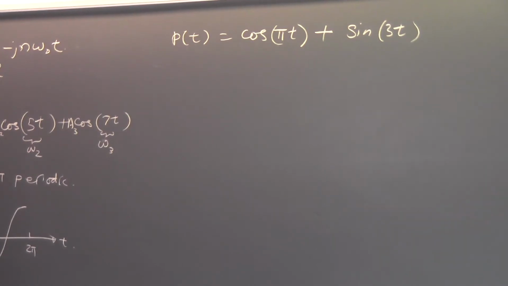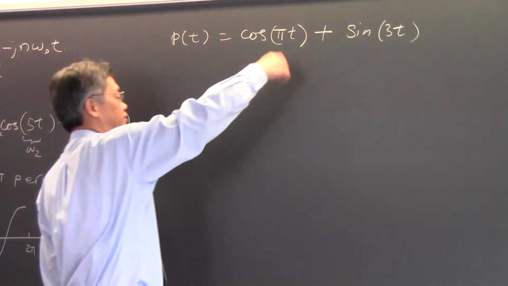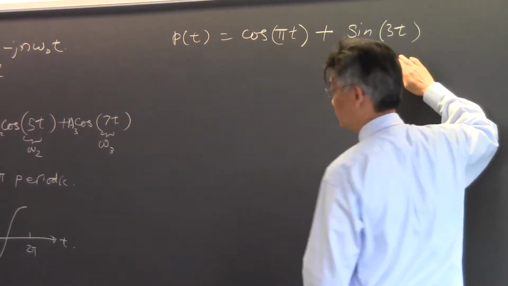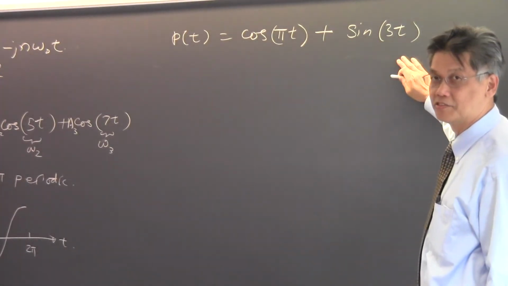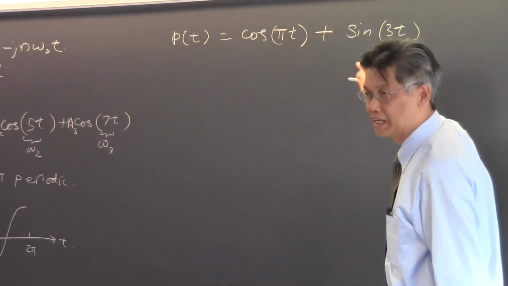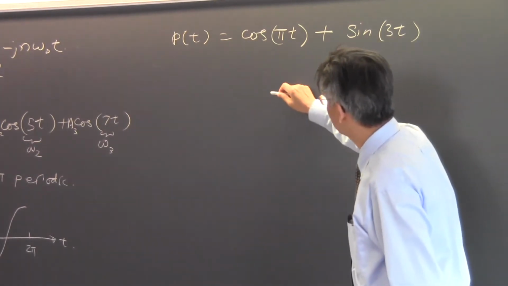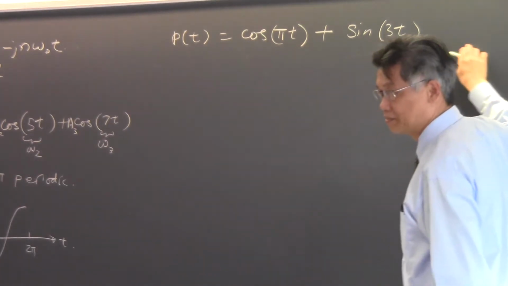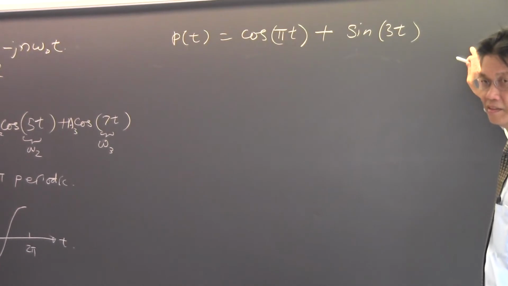This one would oscillate at one frequency, this one would oscillate at another frequency. But they will never come to terms with each other in terms of starting out at the same place. They will never meet at the same place again, or meet at the same value again.